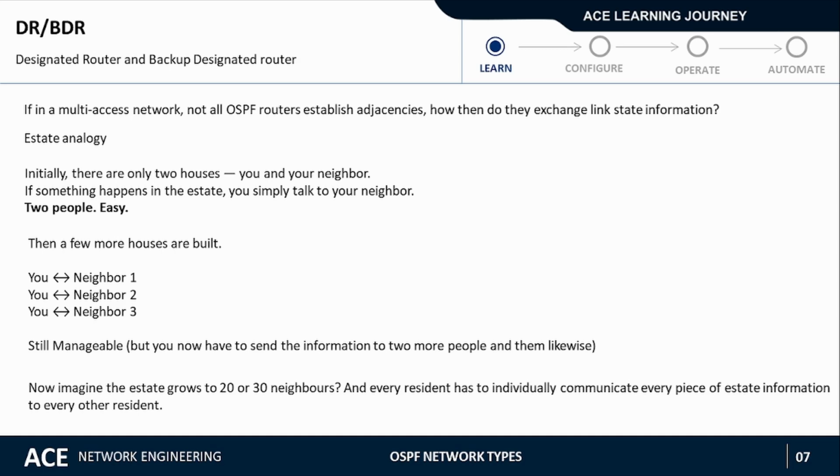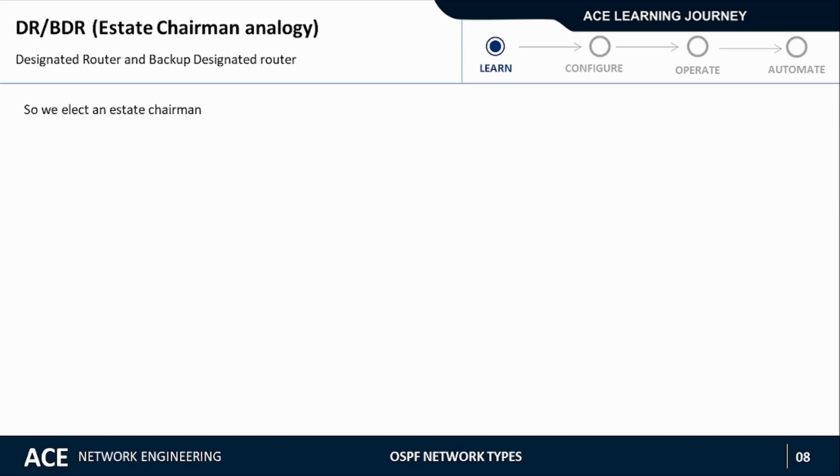So the idea was mooted that we have an estate organization, and then in the estate organization, we elect an estate chairman.